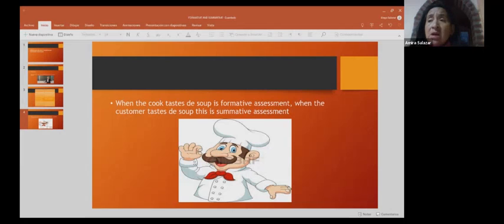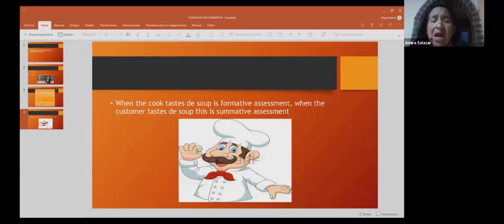Group works, pair works, and other activities that teacher and students do in classes. But in summative assessment, we have final essays, final presentations, final reports, tests, maybe assignments, task assignments, and other kinds of activities.